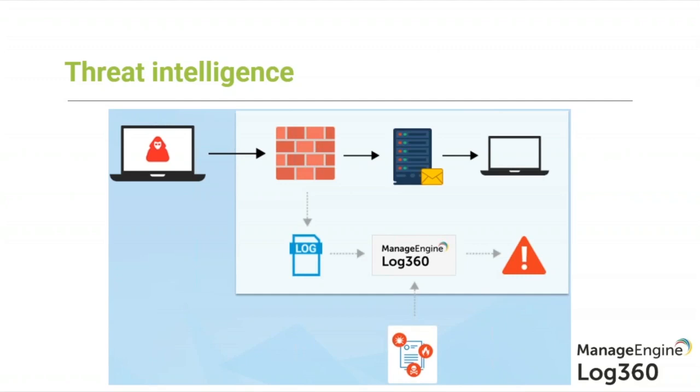This specific hacker is known to send phishing attacks already, and there is a threat feed record which says that this person is a phishing actor. So if you use a proper threat intelligence solution, as soon as this log is fed into the solution, it compares it in real time with the threat feeds, and you immediately get an alert. So you can stop a potential phishing attack before it gets out of hand.